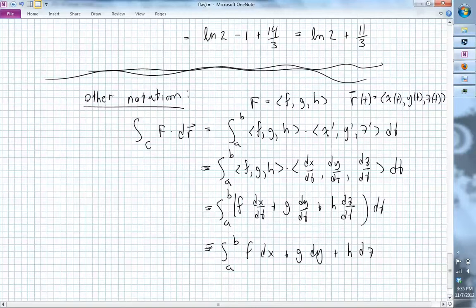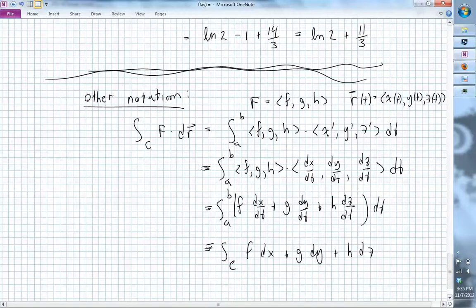That looks like that. Don't be afraid if you see that. It's really just this. So if you see that, just go to this. And in fact, I should change the limits back as well. Back to C. So just write that string of equations down, and when you're working on your homework tonight, when you run into stuff like this, just back up a few steps and use this. Okay? Any questions?